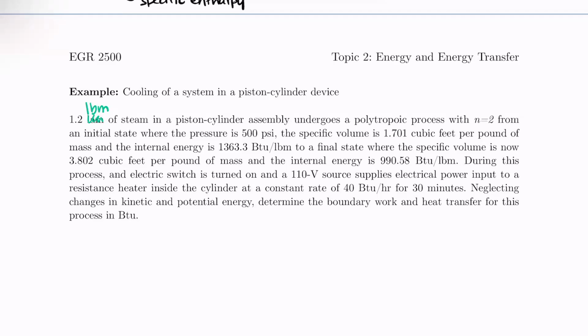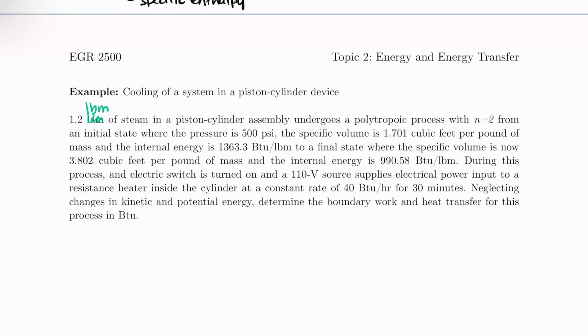To a final state where the specific volume is now 3.802 cubic feet per pound of mass, and the internal energy is 990.58 BTUs per pound of mass. During this process, an electric switch is turned on and a 110-volt source supplies electrical power input to a resistance heater inside the cylinder at a constant rate of 40 BTUs per hour for 30 minutes. Neglecting the changes in kinetic and potential energy, determine the boundary work and the heat transfer for this process in BTU. So we have a lot going on here.